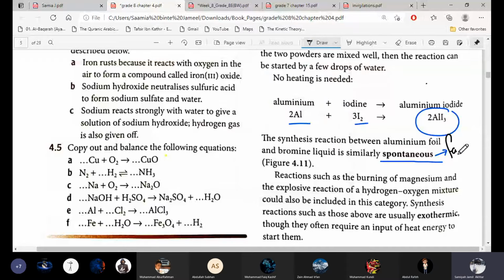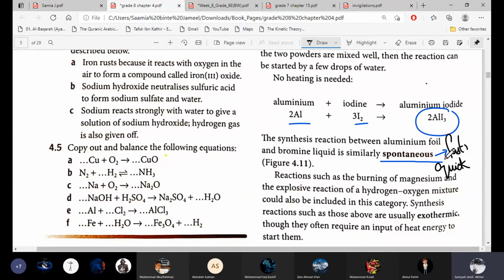Spontaneous means fast, very quick, which does not require any external force. We don't have to tell the hyperactive child to break something. He will automatically come and start breaking things. So that means the child is spontaneous.